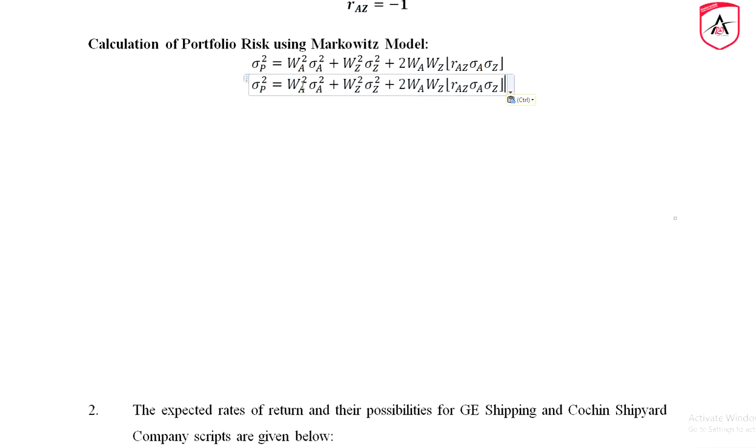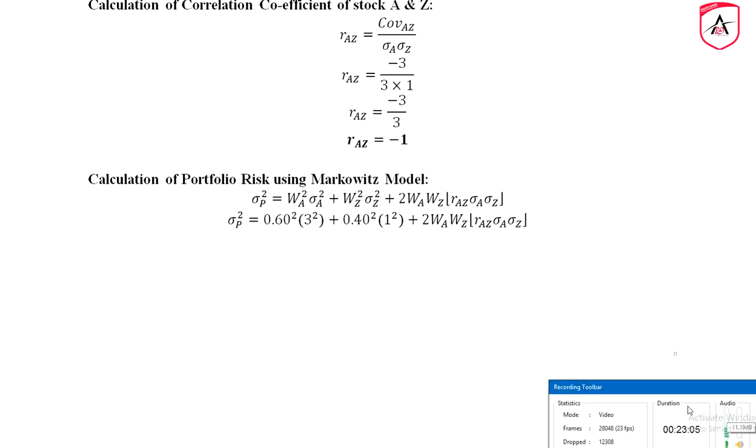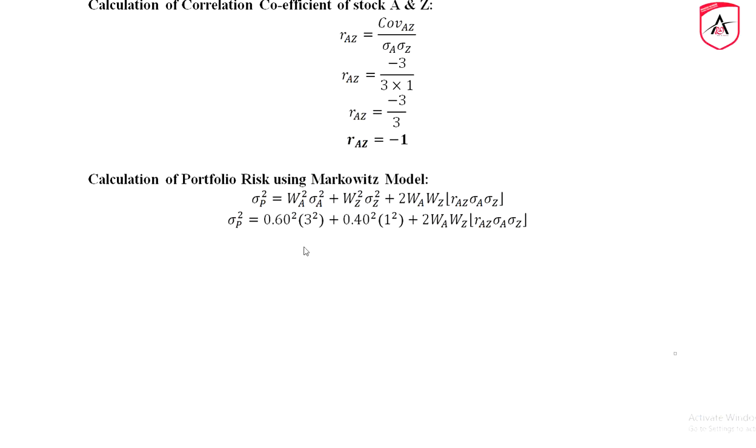W stands for weights. Weights means the investment in the stock. As you all know, I have already said 60% of investment is being done in security A, and 40% of investment is being done in security Z. If you observe here, I have taken weights.